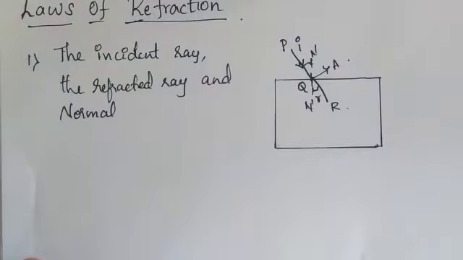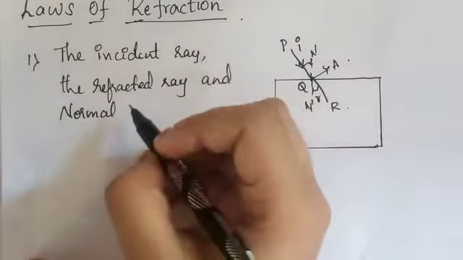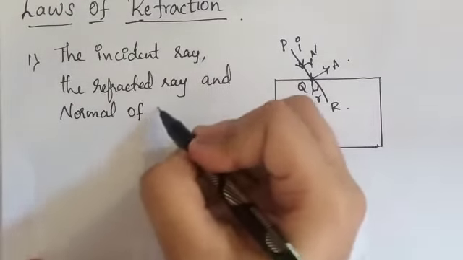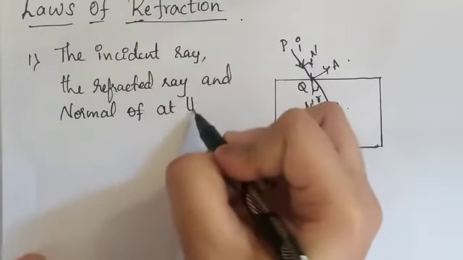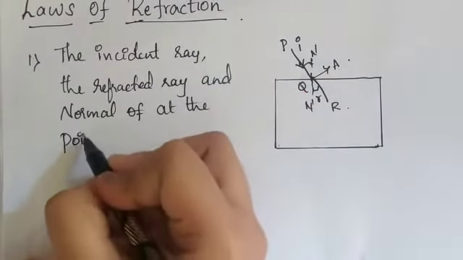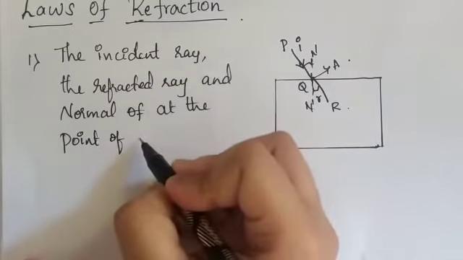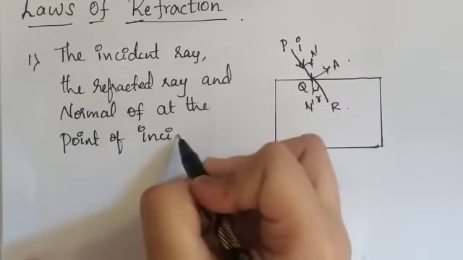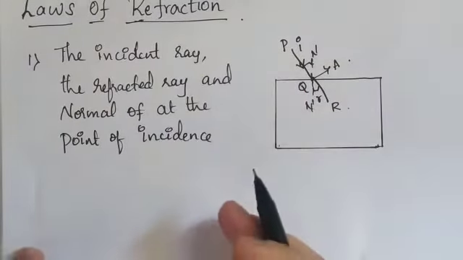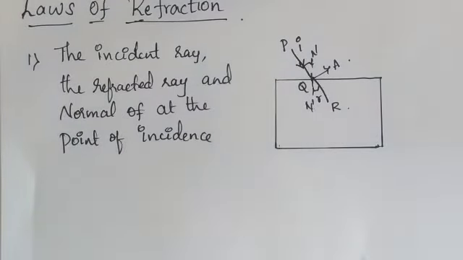So the incident ray, the refracted ray, and the normal at the point of incidence. This is common in the case of the laws of reflection, isn't it?